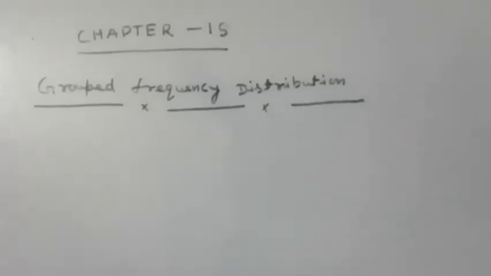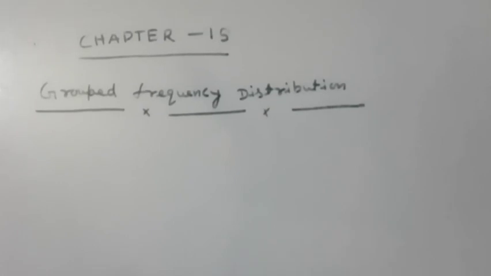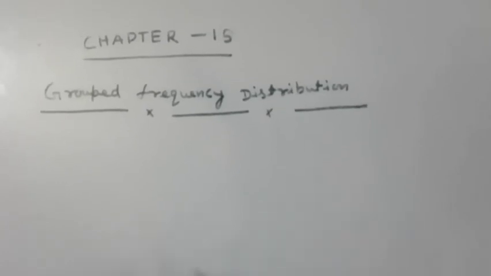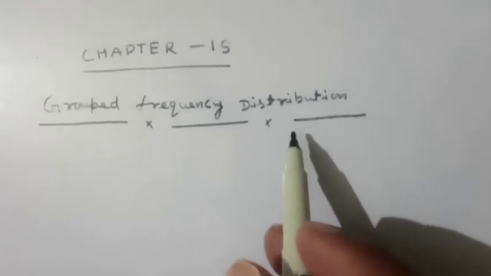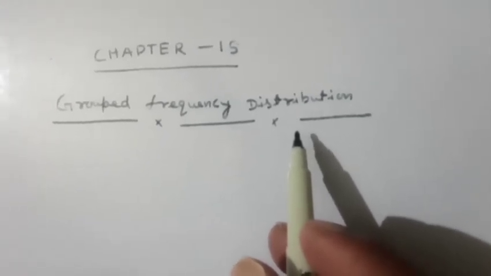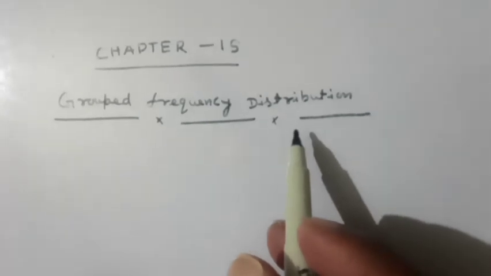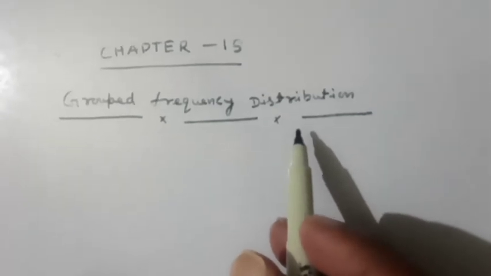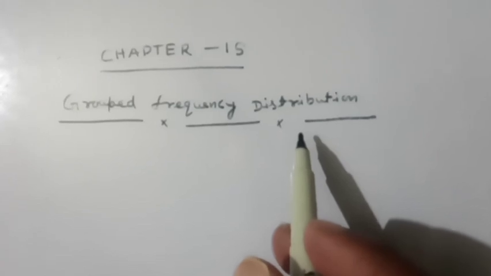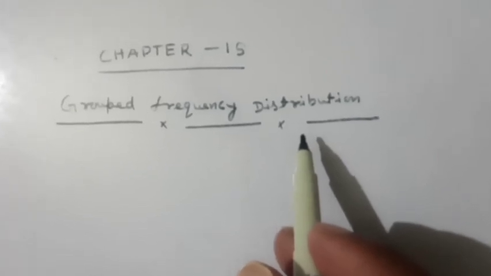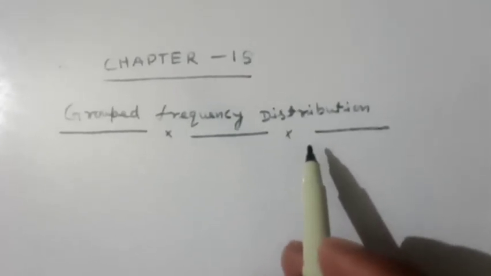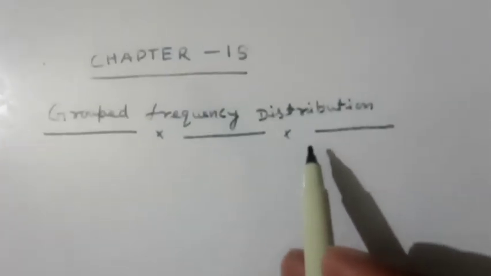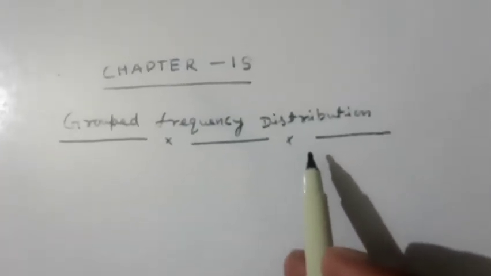Hello children, today I am going to discuss grouped frequency distribution table. Children, the previous method of frequency distribution of the raw data is convenient only where the values in the raw data are largely repeating and the difference between the greatest and the smallest observations is not very large.